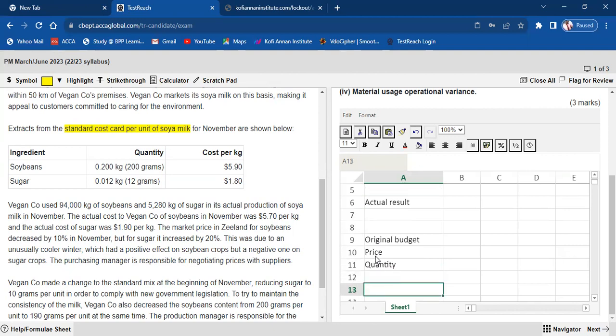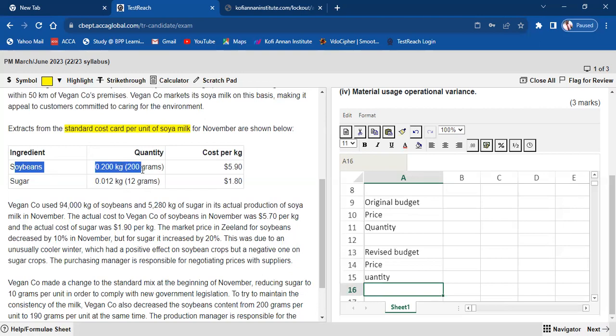Then revised budget. For price and for quantity. Now, extracts from the standard cost card per unit of soya milk for November are shown below.